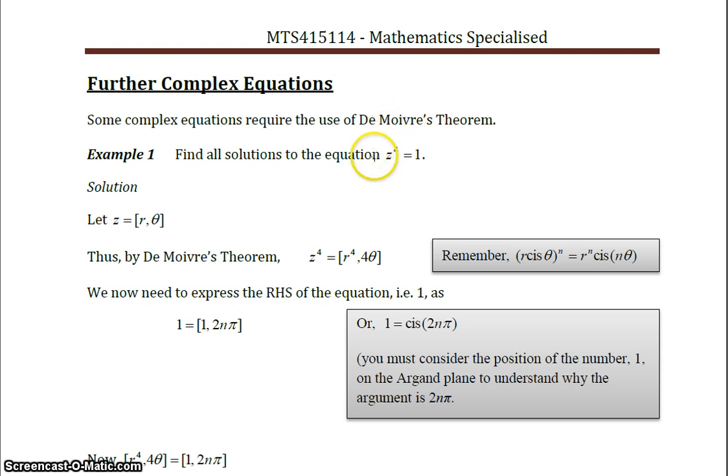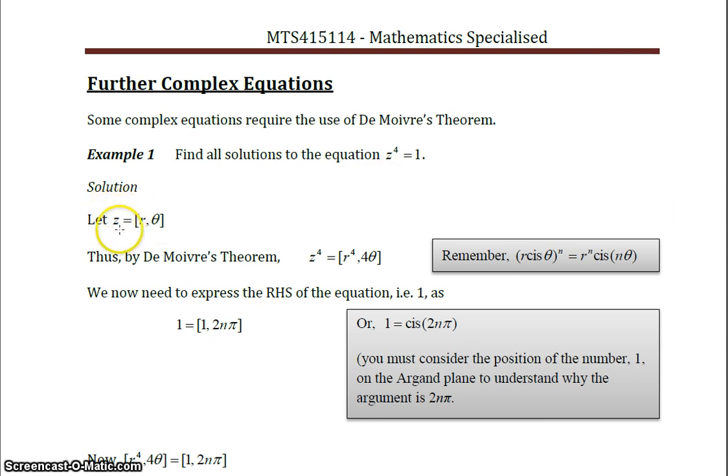Remember, a complex polynomial of degree n will have n complex solutions, and so we would expect there to be 4 solutions because this equation has a degree of 4. 1 is just one of them, which we intuitively know. Okay, so let's look at it.